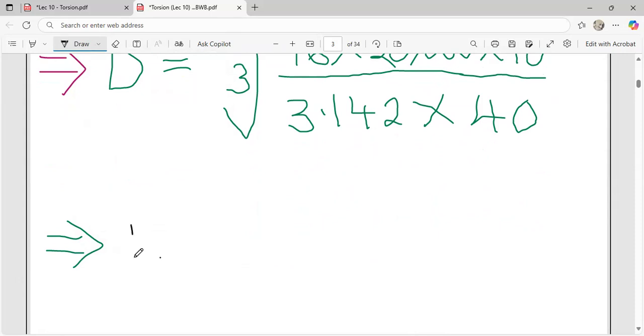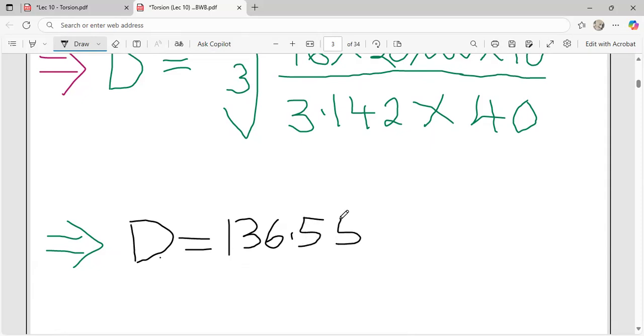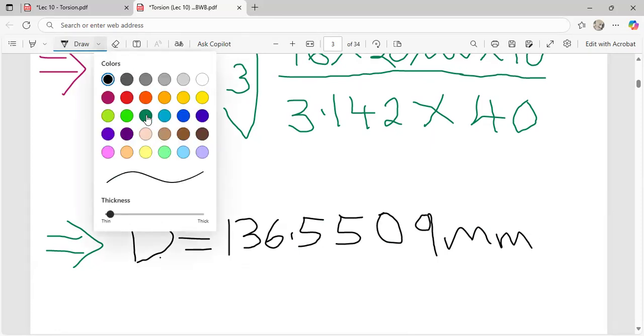Our diameter is now going to be 136.55009 mm. Okay, that is going to be our diameter.